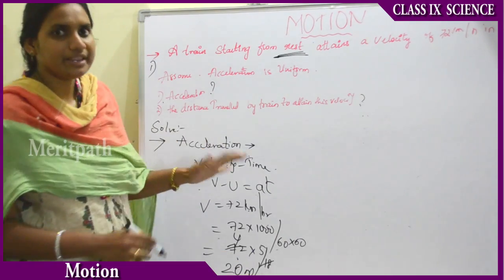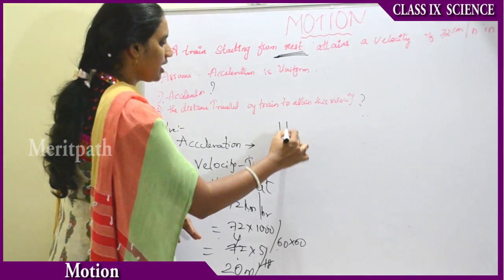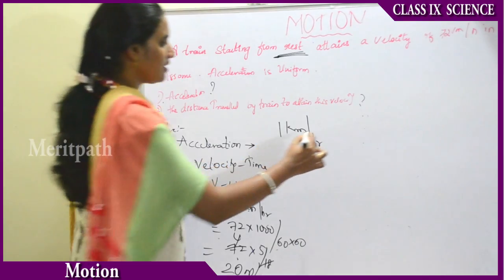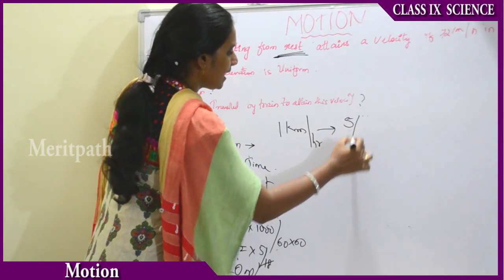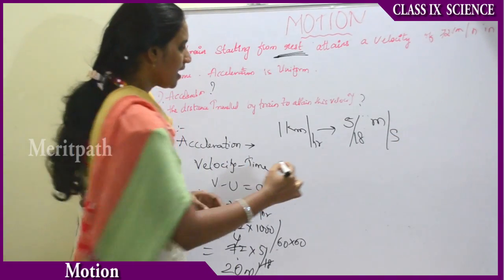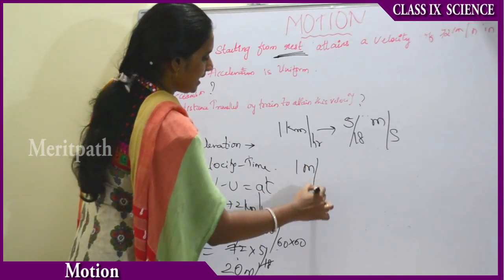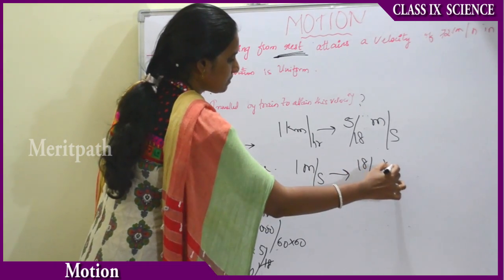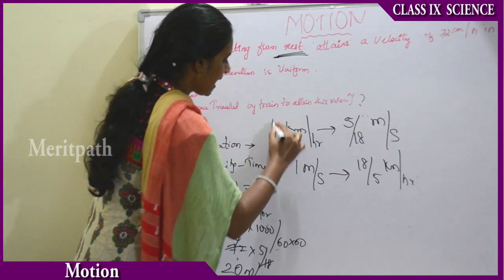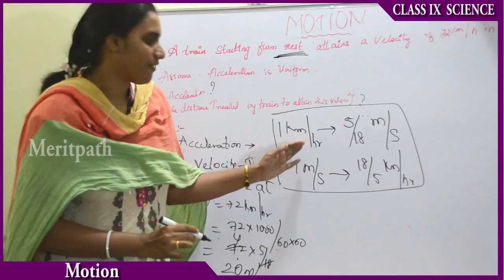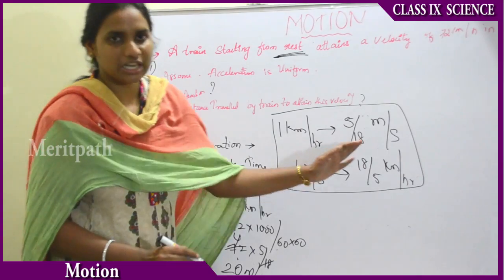Now we can remember the conversion formula, that is 1 kilometer per hour equals 5 by 18 meter per second, or else 1 meter per second equals 18 by 5 kilometers per hour. This is the conversion of units from kilometers per hour to meter per second and meter per second to kilometers per hour.